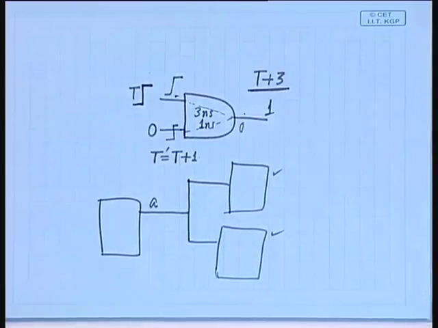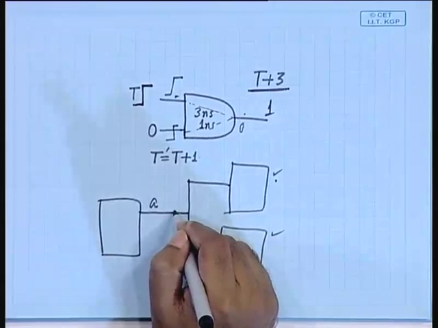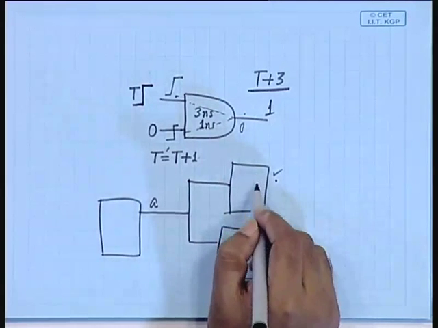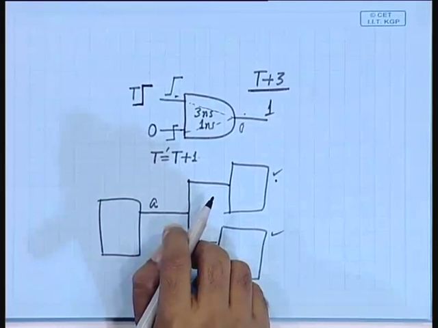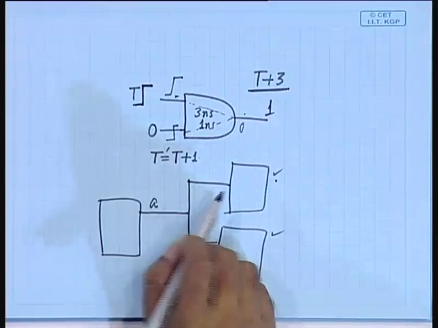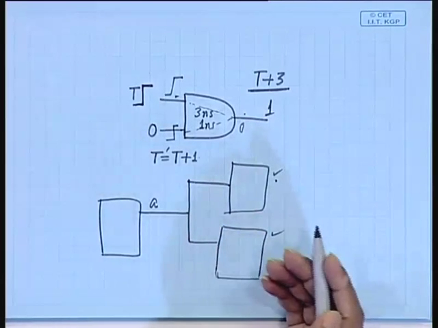But what I am saying here is that it may so happen that at some point of time this block is sensitive to changes in A, at some other point of time the same block may not be sensitive to A, which means that the fan out of A can change at different points of time.